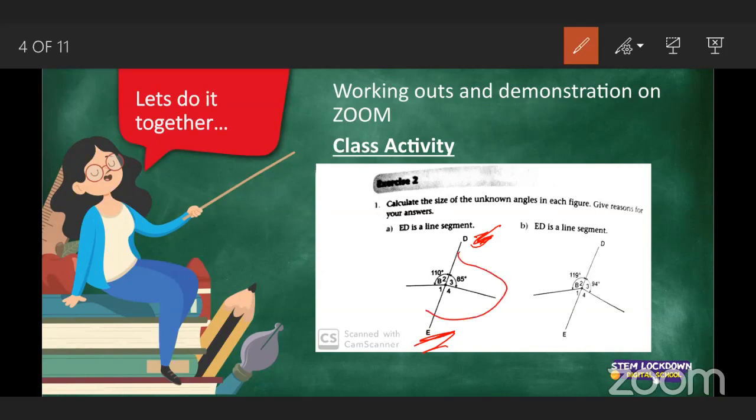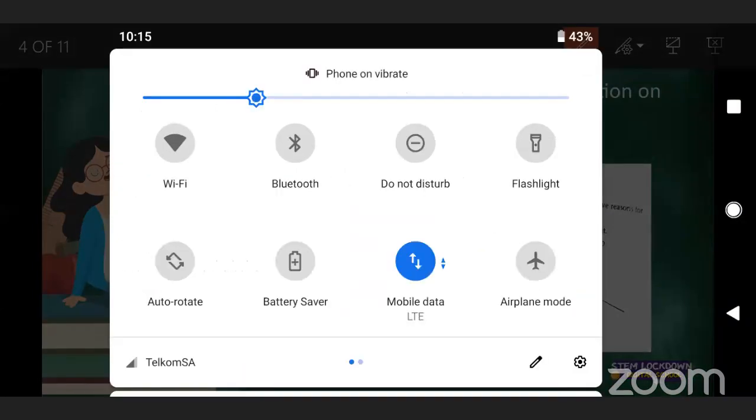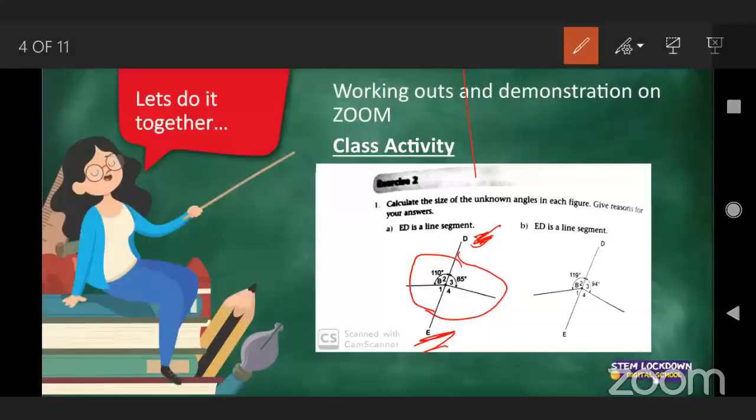So this side basically means it's 180 degrees, and this side again, it's 180 degrees. We can see that, guys. And after adding your 180 degrees, it must give us 360 degrees. All right.